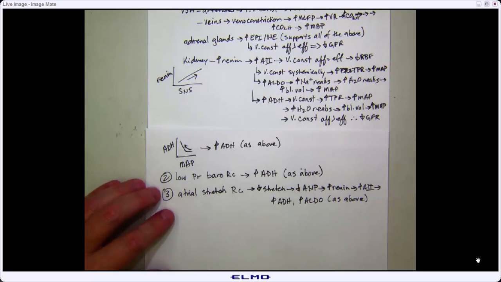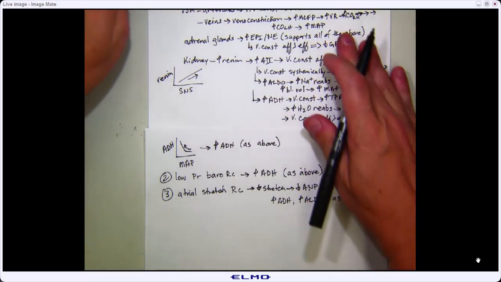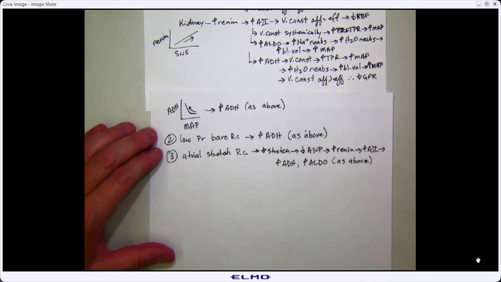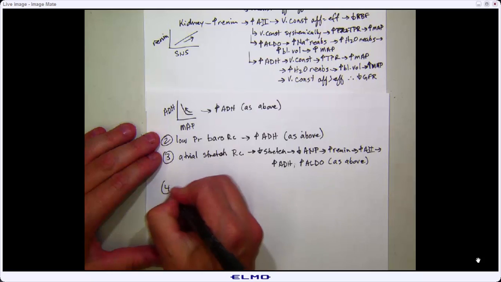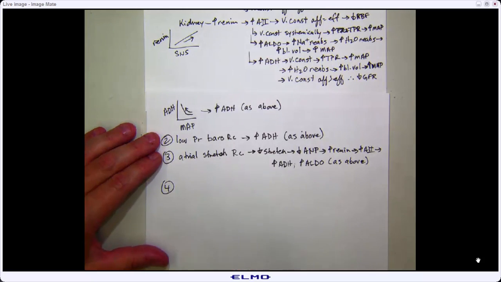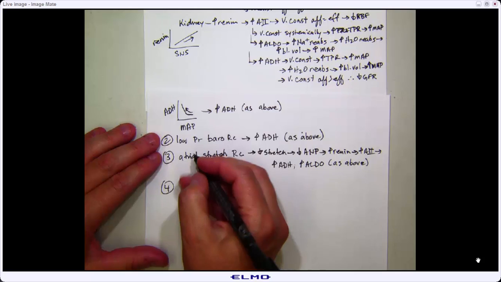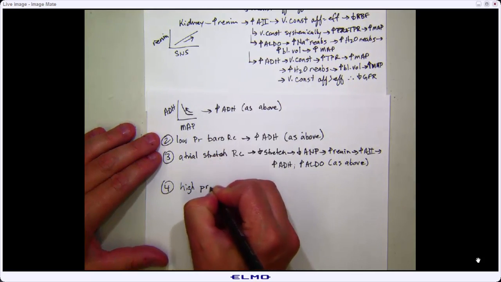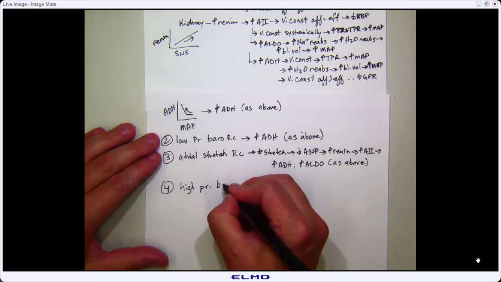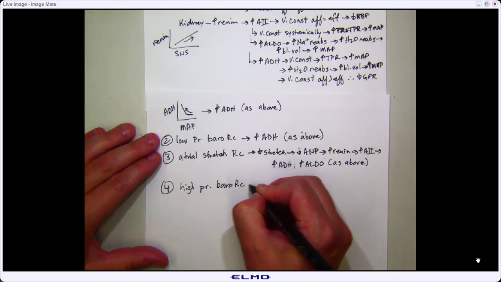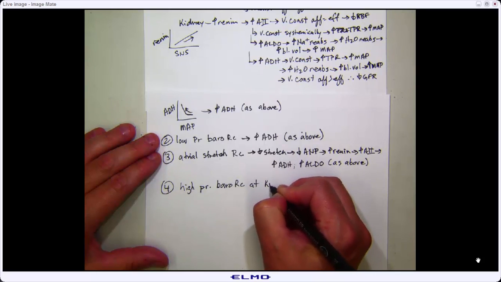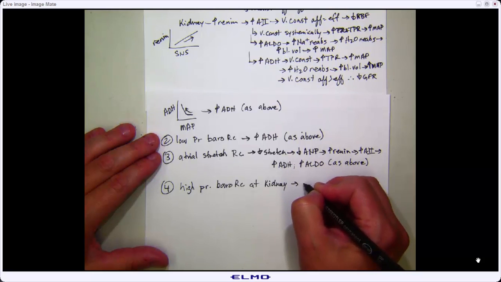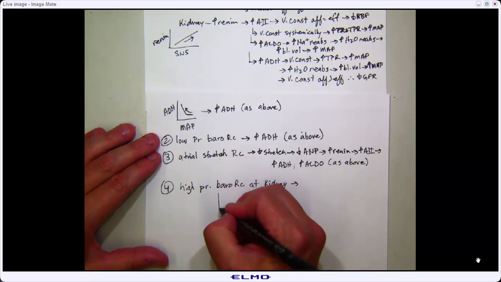So other sensors that we have, we talked a couple of days ago about high pressure baroreceptors right at the level of the kidney, right? Remember those guys? So high pressure baroreceptors at the kidney. And what we're going to get here is, remember that relationship?